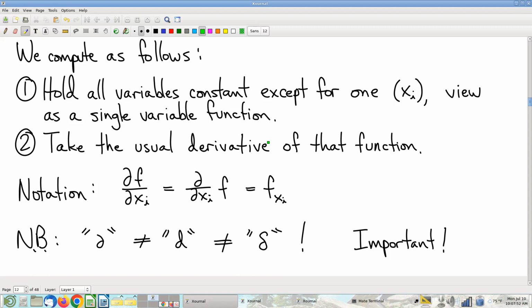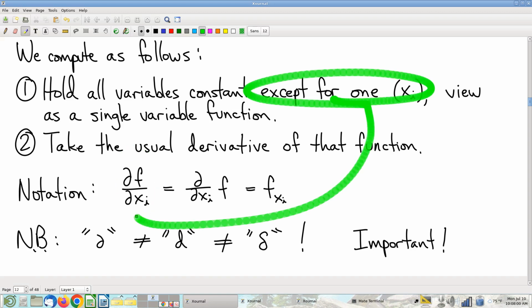So now real quick though, here's the notation. We kind of steal the Leibniz notation. Whatever the one variable is that I leave as a variable, you use that as the variable in the denominator of the Leibniz notation in the usual way.